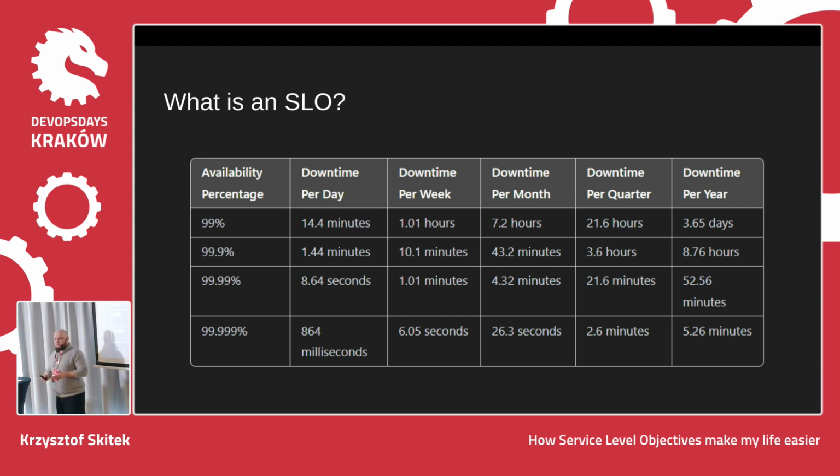You agree that there's a certain amount of errors that your users can tolerate. For example, you can be in a 1 week observation period. You can be down, or you can provide subpar service level for 10 minutes, for example.